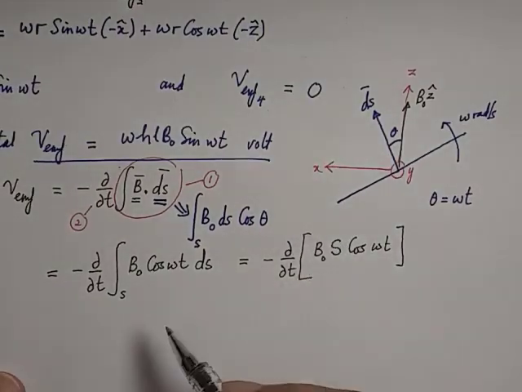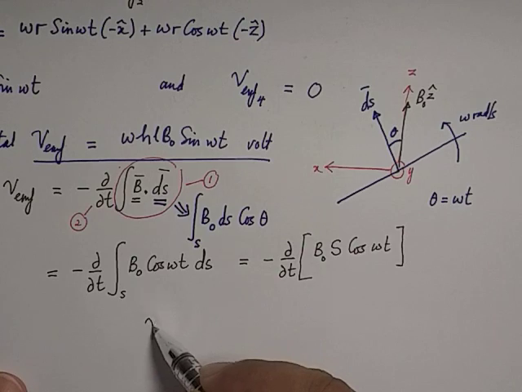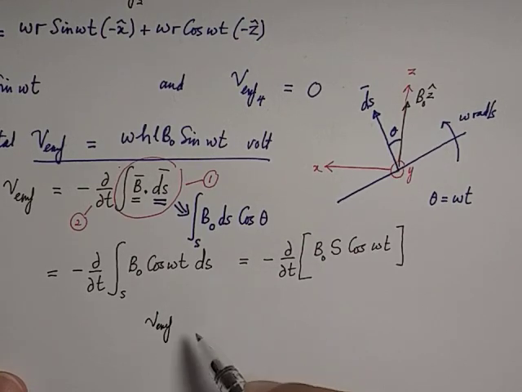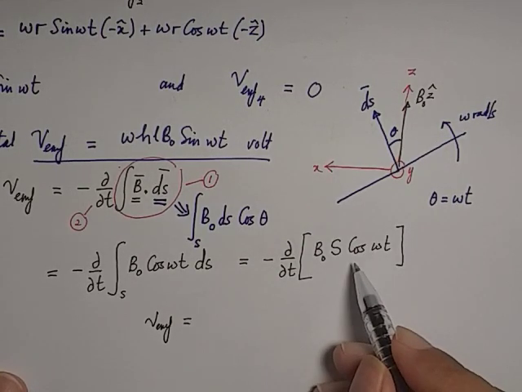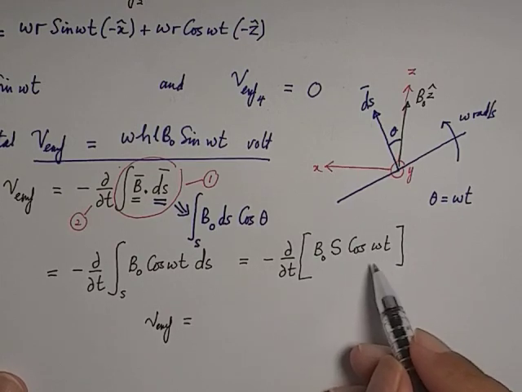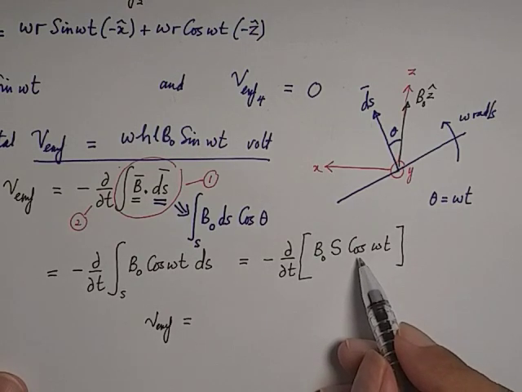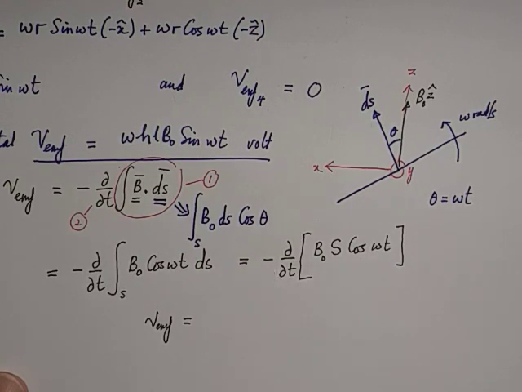So now let's find the final VEMF. I have to differentiate step number 2. So VEMF is going to be equal to, now I differentiate with respect to time. So cos will go negative sign, negative becoming positive.